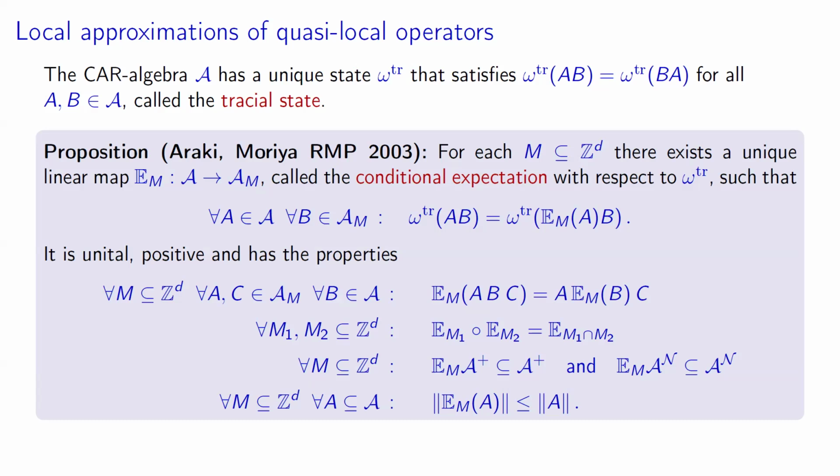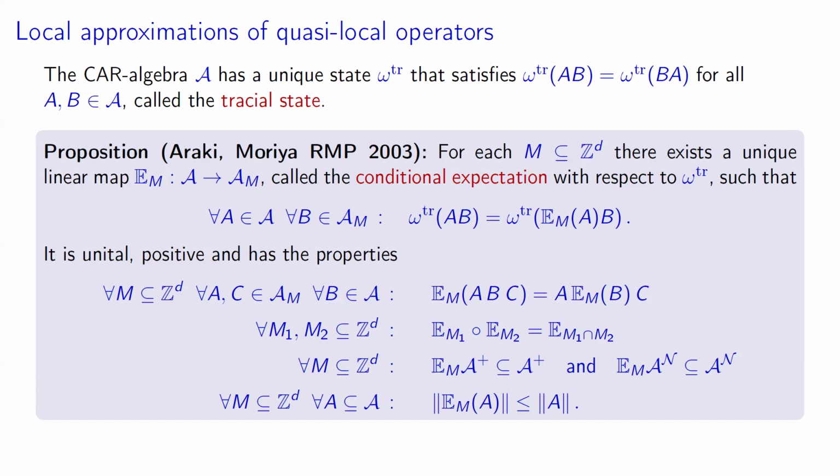It behaves nicely under composition. So if you first restrict to M2 and then to M1, it's the same as just restricting to the intersection. And it leaves invariant the set of even operators. It leaves invariant the set of gauge invariant operators. And it has norm 1. So it has very, very nice properties you would expect from a partial trace on finite volume.